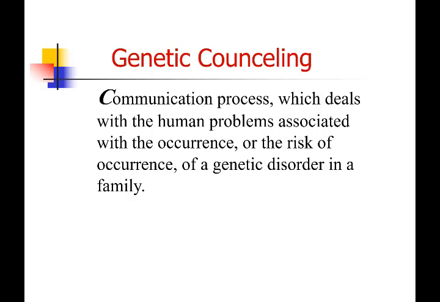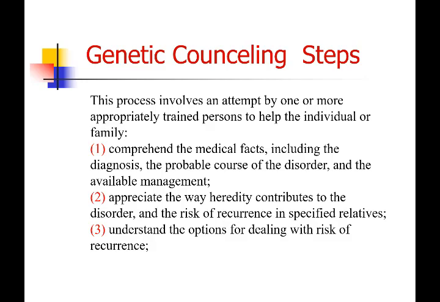Here you need to have a communication process to get the facts and the medical facts, as you can see in the next slides, where there are several steps to genetic counseling. This process involves an attempt by one or more appropriately trained persons to help the individual or family.